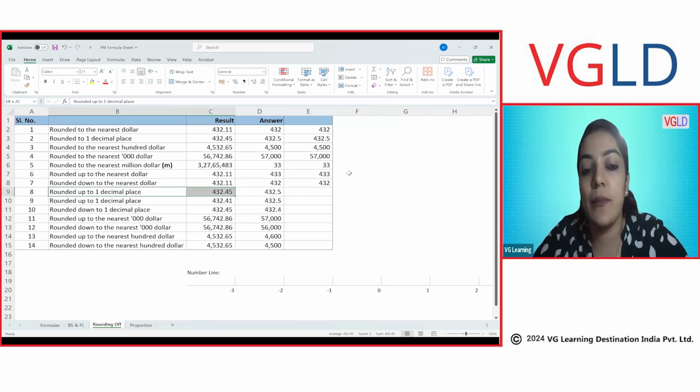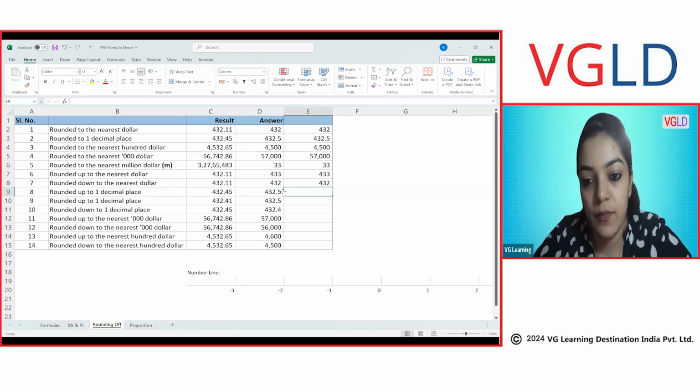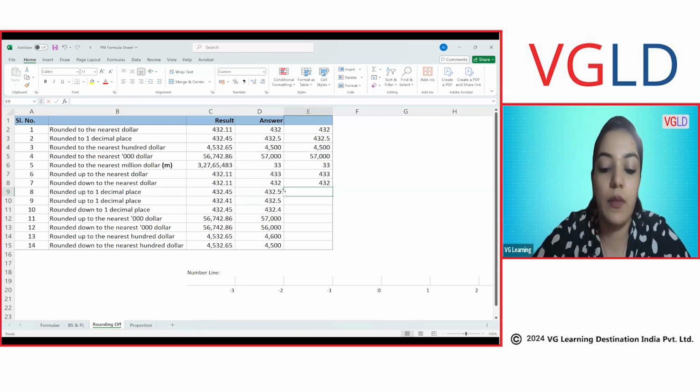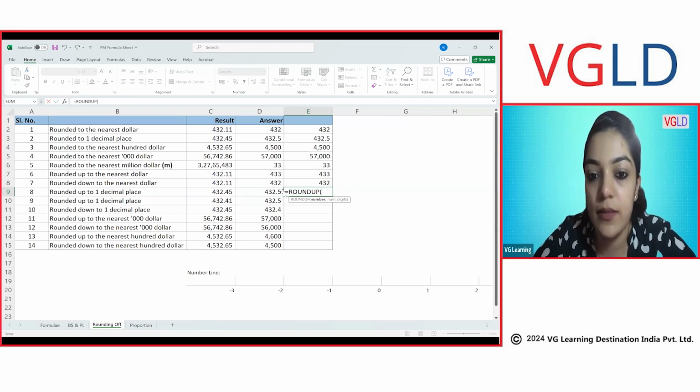Round it up to 1 decimal place. Tell me what the answer would be. What should I put in the formula? Round up, select the number, comma, 1. Very good.